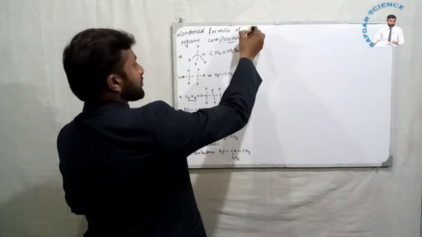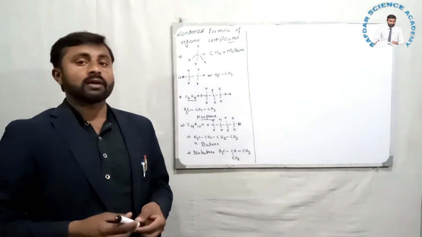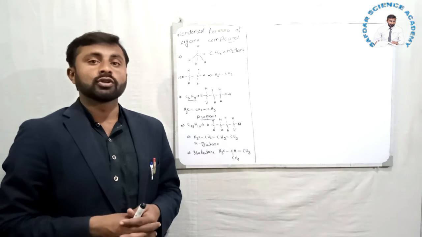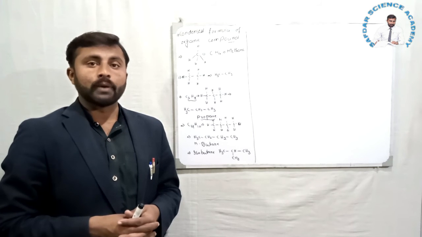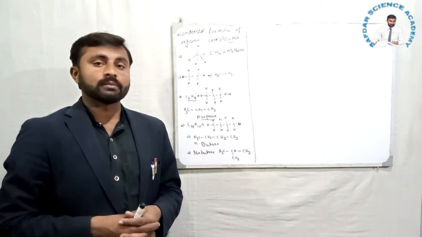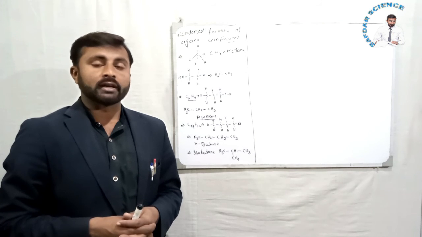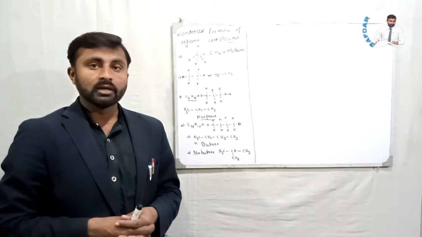We repeat it. First of all, we discussed in the first lecture the molecular formula, the formula which shows the actual number of atoms present in a compound, in which all of the carbon atoms and hydrogen atoms are shown properly.